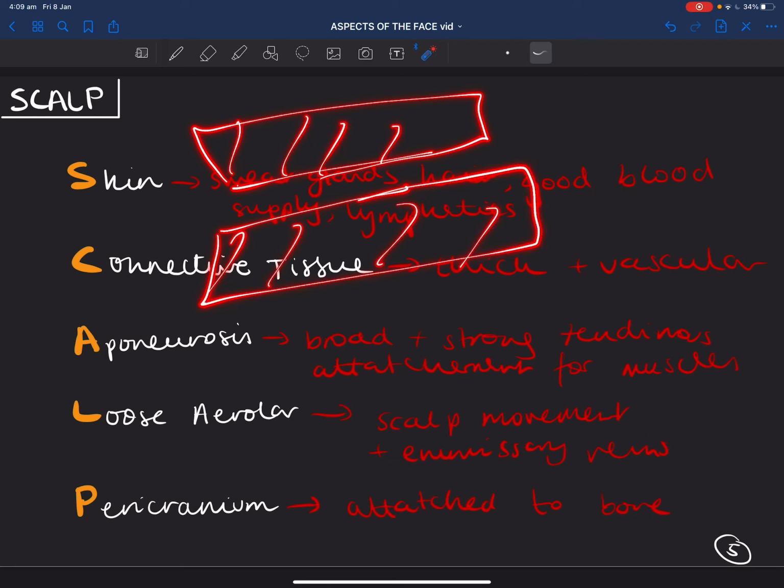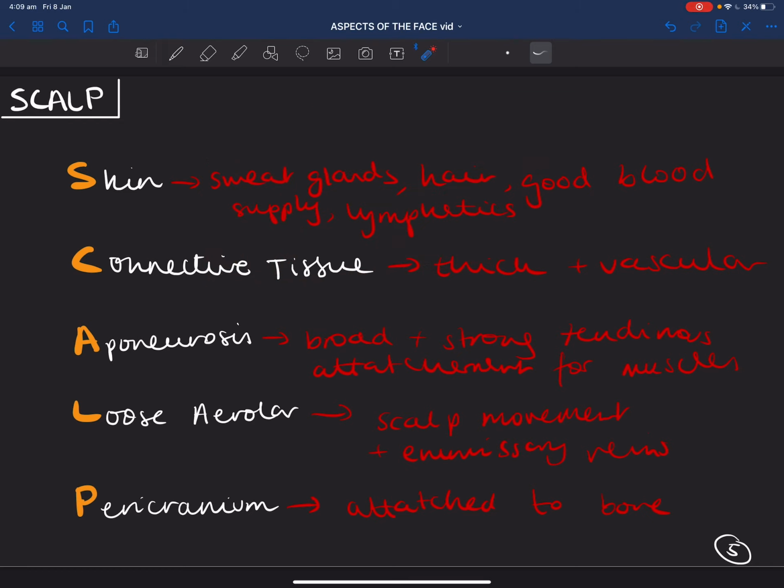Naturally this means there's not much movement for the blood vessels, so it can prevent vasoconstriction, which means more bleeding. The blood supply to the scalp is also made up of many anastomoses, which are cross-linkings of different connections, and this leads to profuse bleeding as well.